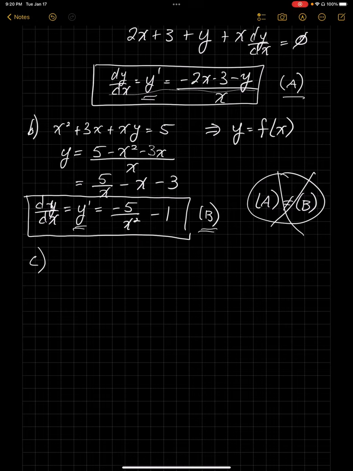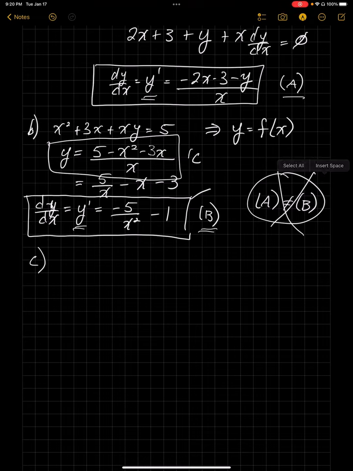And so to verify this, we take this relationship for y prime, relationship B, along with the expression for y, which we're going to go ahead and call relationship C. And so we substitute both B and C into A and basically show that these are equivalent to each other.